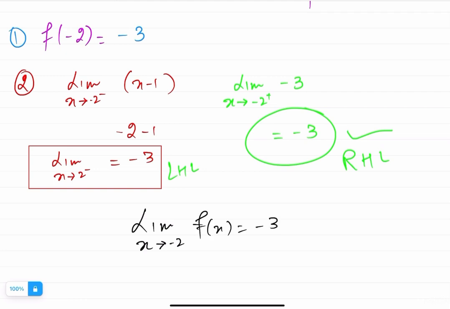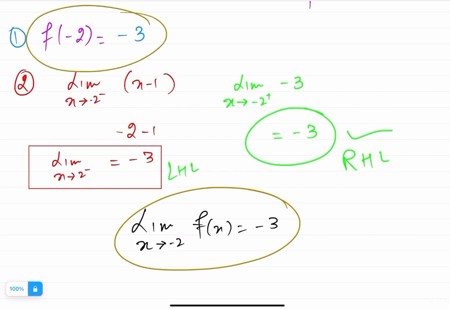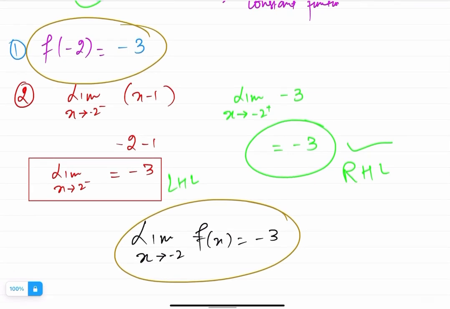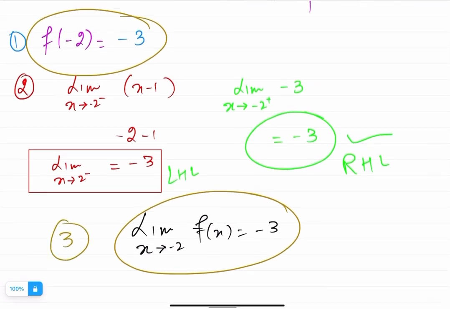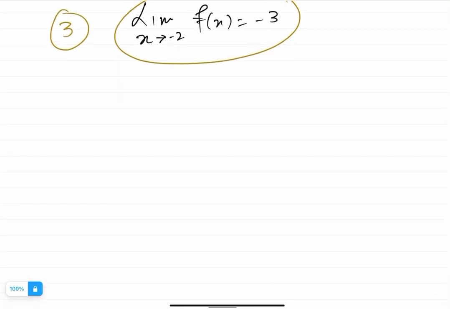Now we will have to check if the limiting value and the functional value are equal. Of course they are equal. Since they are equal, we say that the function is continuous at x equal to -2. Since all three conditions are met, we say that the function is continuous at -2.